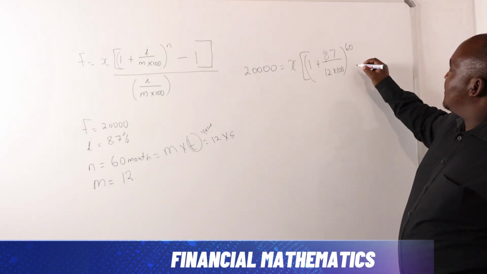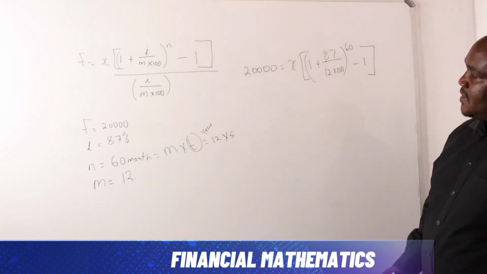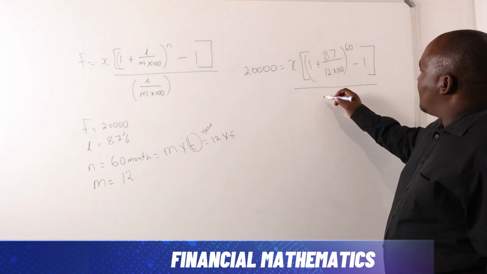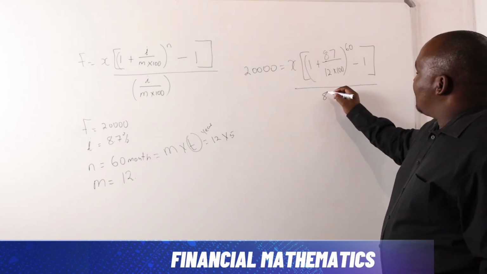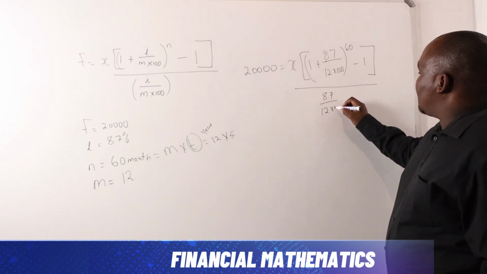To the power 60 minus 1, all over 8.7 over 12 times 100.